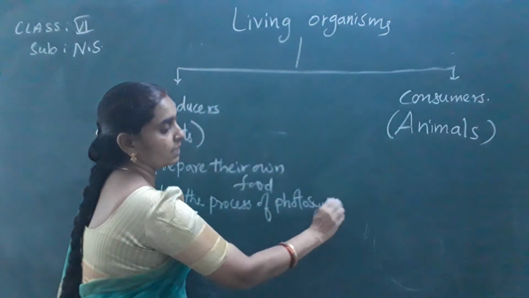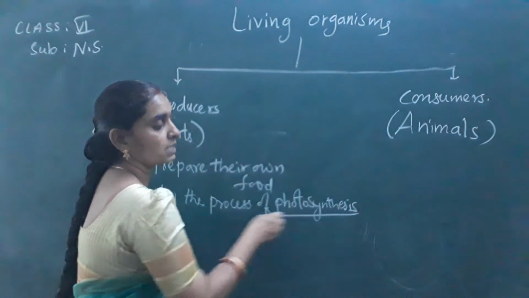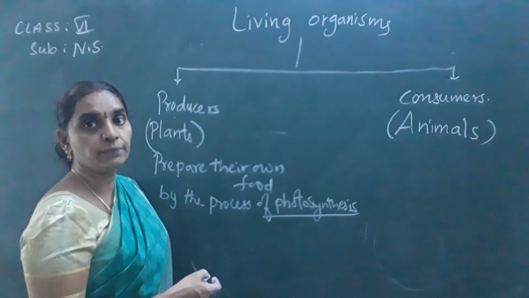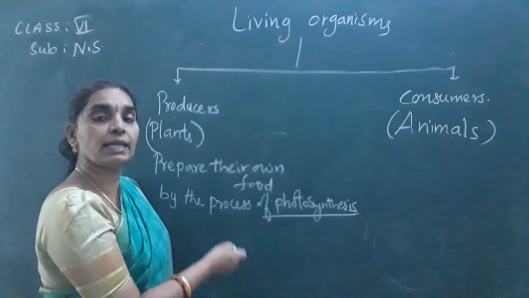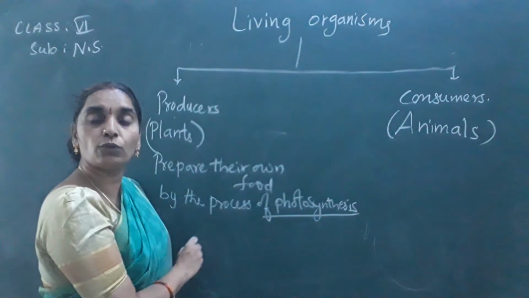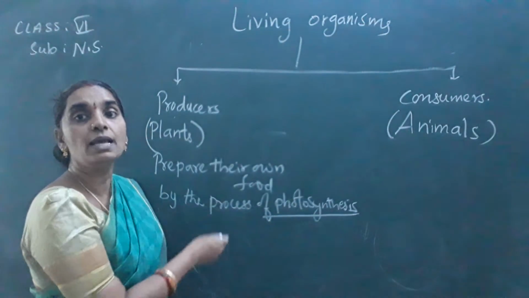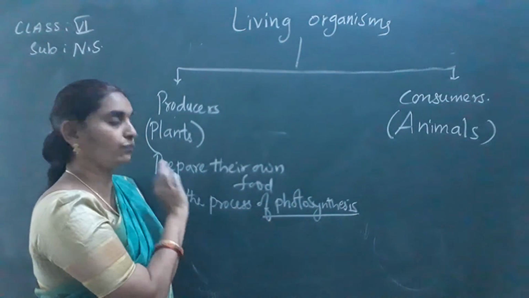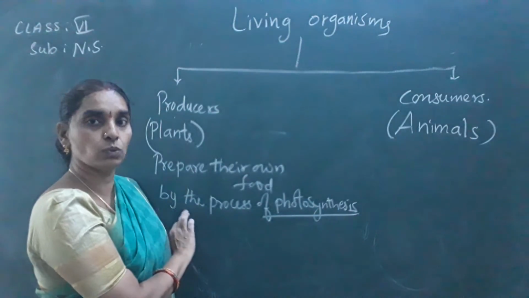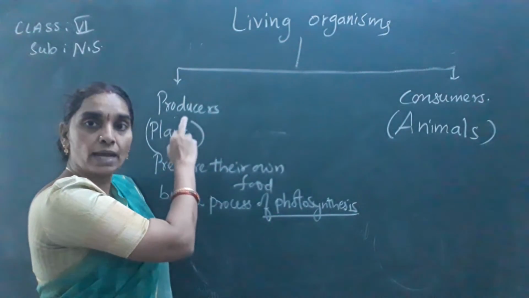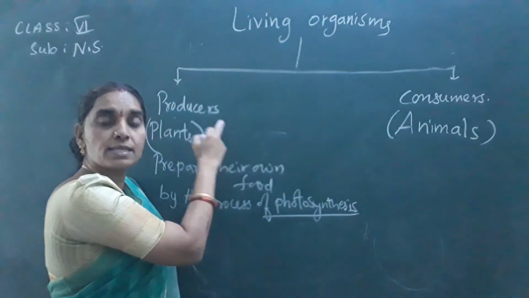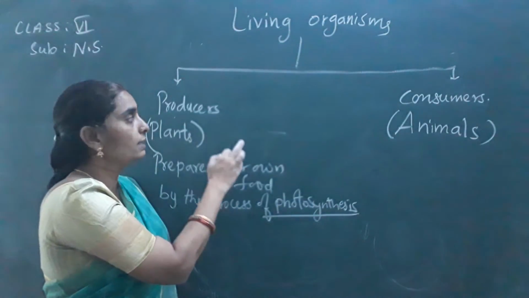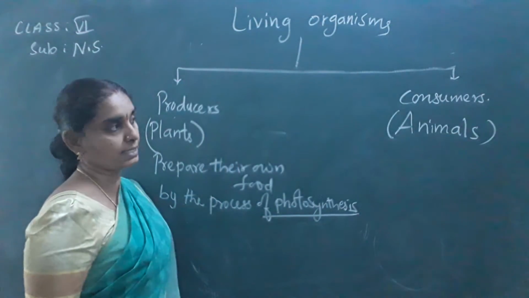What is photosynthesis? Preparation of food by the plants using sunlight. In the presence of sunlight, plants take carbon dioxide from the air, and water and mineral salts from the soil, and prepare their own food, that is starch or glucose. Since plants prepare their own food, they are called producers.